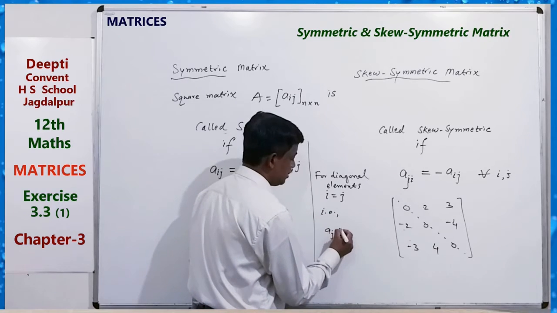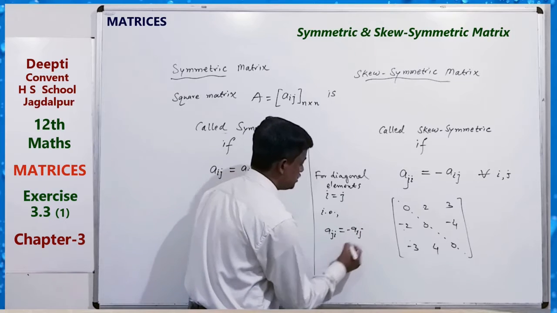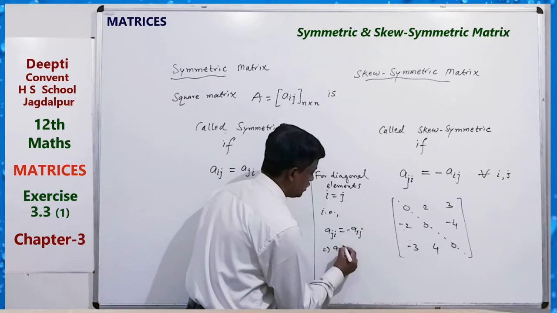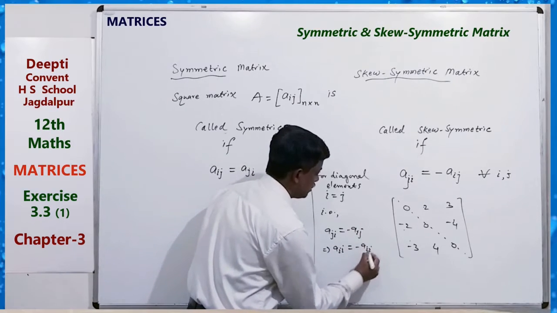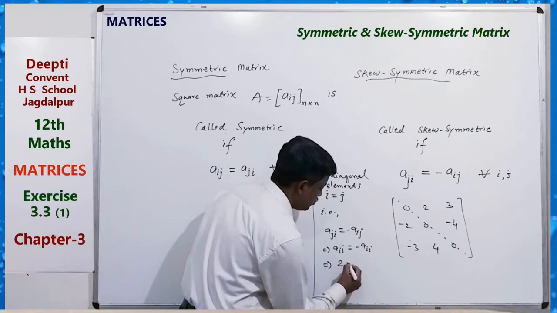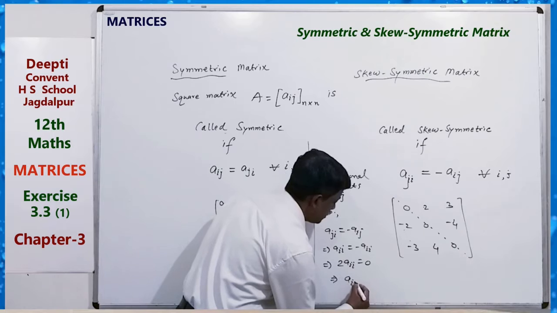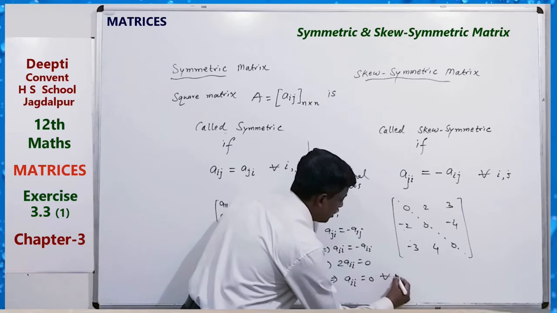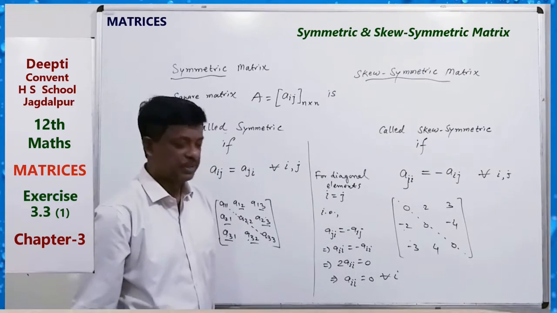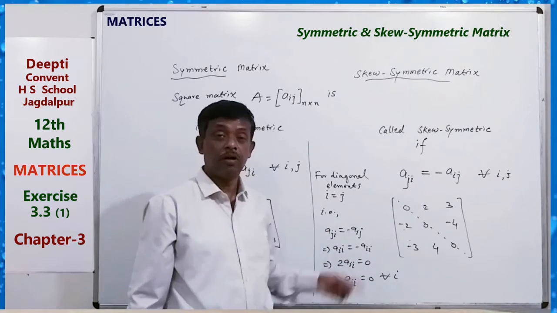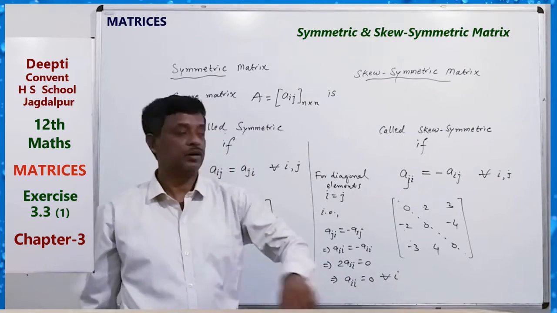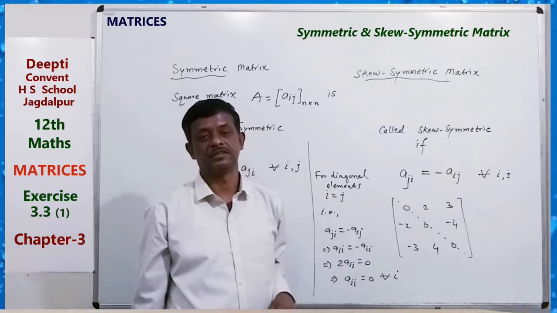Aji equals minus Aij means Aii equals minus Aii, that is 2Aii equals 0, so Aii equals 0 for all i. A11, A22, A33, all the diagonal elements of a skew-symmetric matrix are 0.